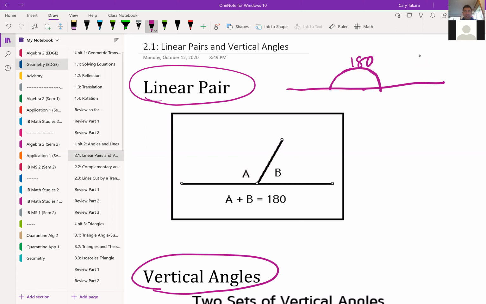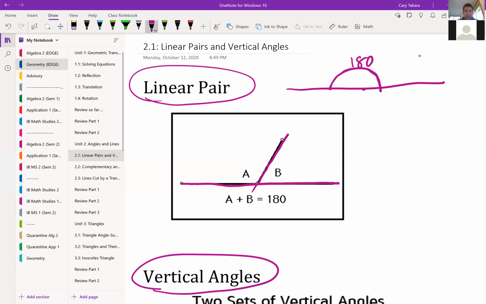Does that make sense? Here's a 30 degree, 45 degree, 90 degree, there's 135. Then here, that's 180 degrees.